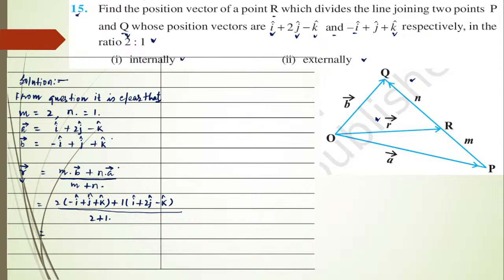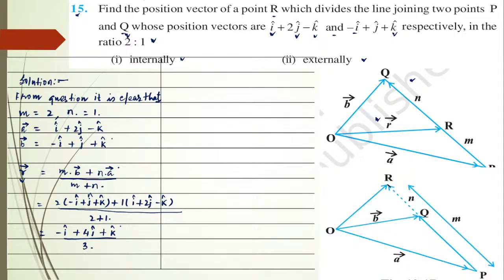After the simple calculation, we get minus i plus 4j plus k by 2 plus 1, that is 3. Similarly, for the external division, let's see the figure here.